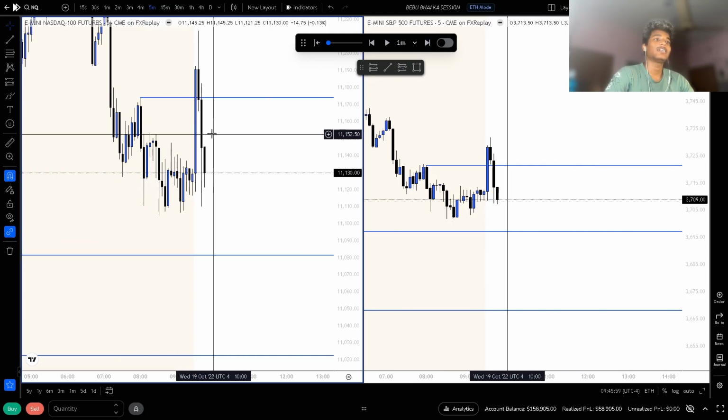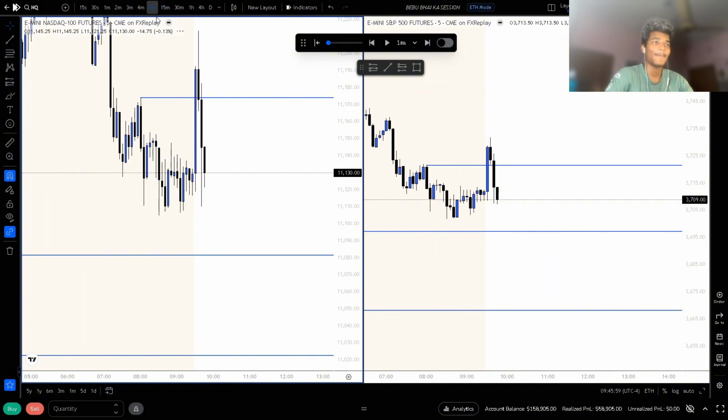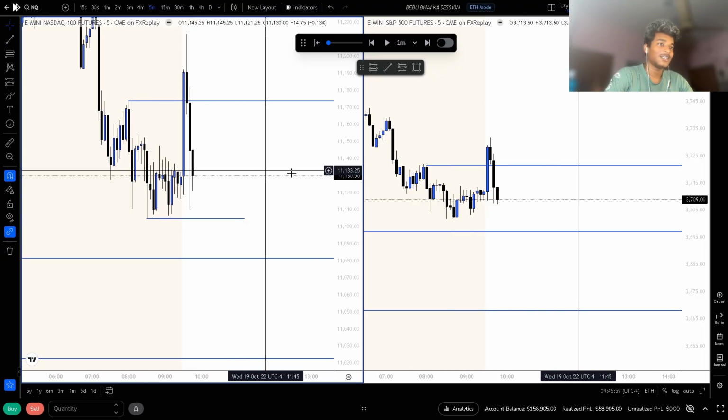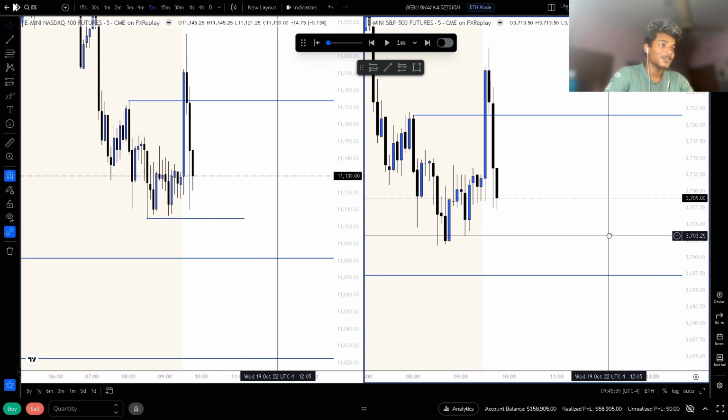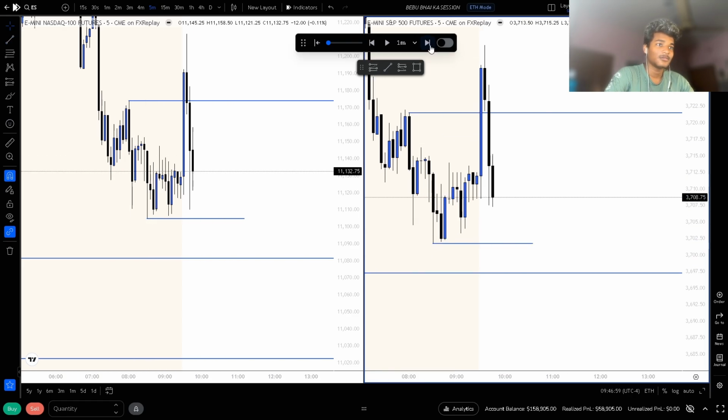We did not end up inversing this. I don't know what has actually happened, but if we inverse this without taking this low on ES as well as on NQ, I will take that. So we inverse this here.